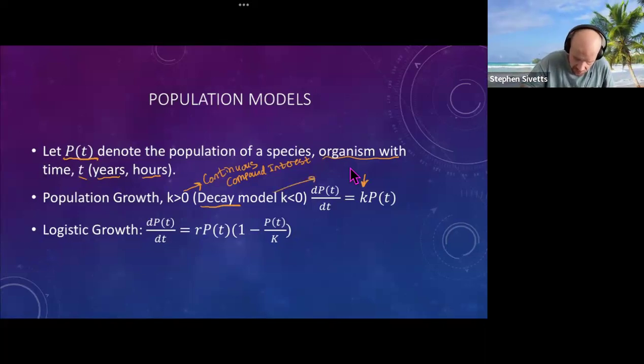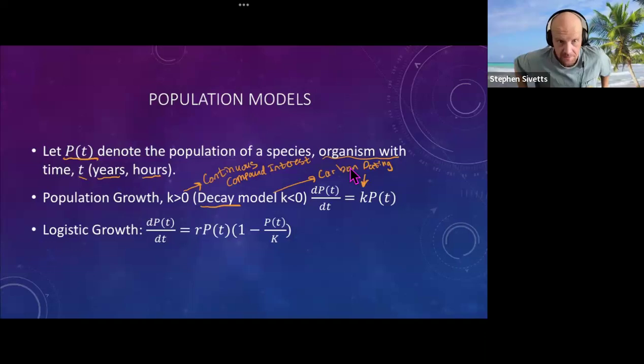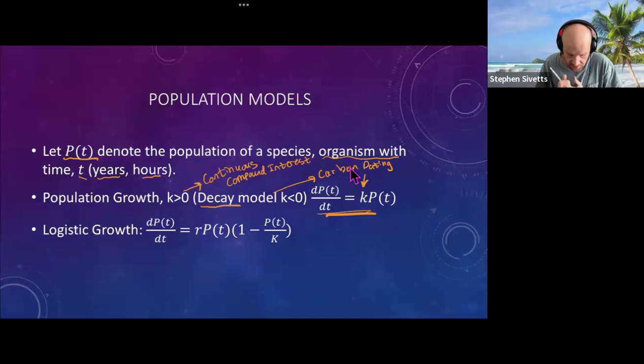Population decay is usually dealt with in carbon dating, determining the age of an artifact by looking at the isotope of carbon inside of an artifact, or bones, right? So you can use population decay equations to look at the age of an artifact.